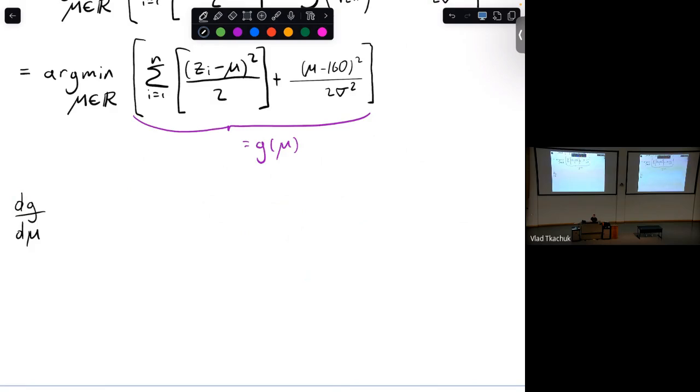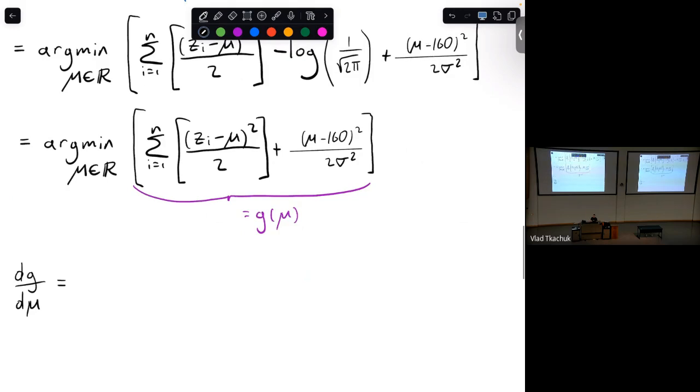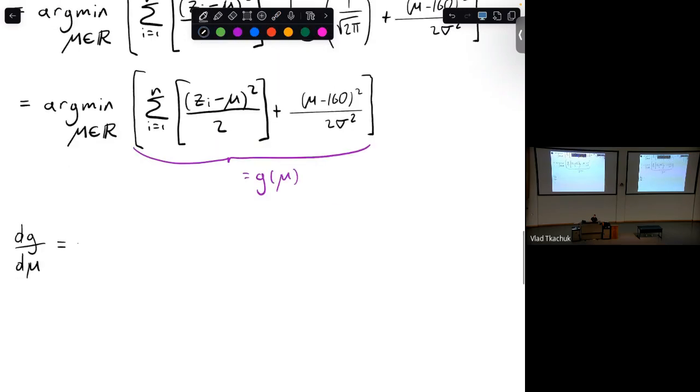And what we get is, well, we've already taken this derivative before. We can do it one more time. You take the 2, it comes out, cancels with this 2. You're left with this. Then you take the derivative of the inside. That's just -1. So you end up with negative sum i equal to 1 to n of zi minus mu.